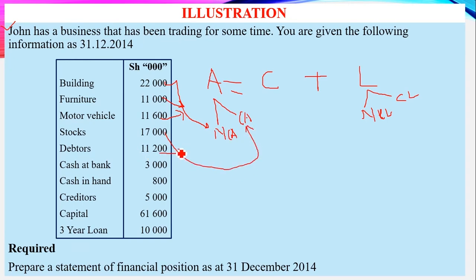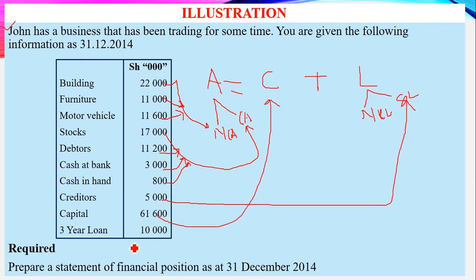You go to debtors, it is a current asset. You go to cash at bank, it is a current asset. Cash in hand is a current asset. You go to creditors, it is a current liability. Capital, that will go straight to capital. Then we have the 3-year loan, which is a non-current liability. You have identified the items, then you're good to go.